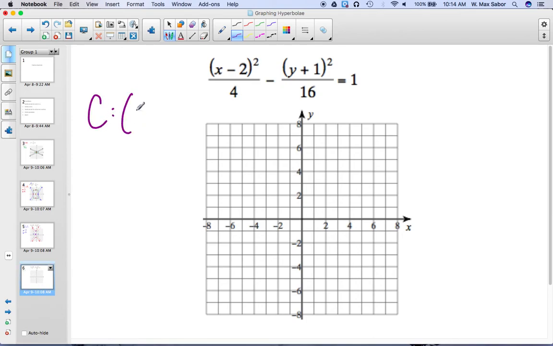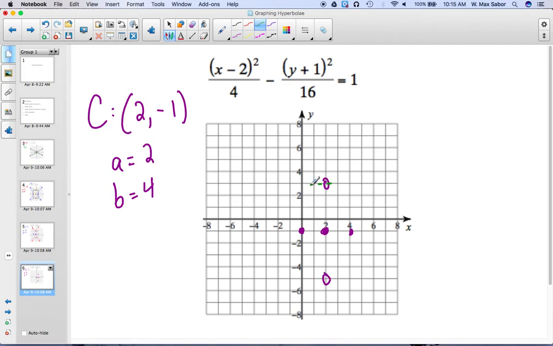The center is 2 comma negative 1. A is 2, B is 4. 2 is measured in the x direction. 4 is measured in the y direction.